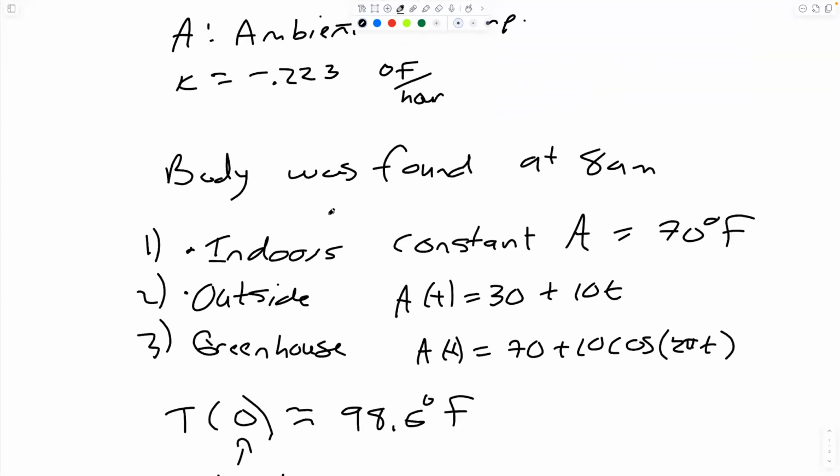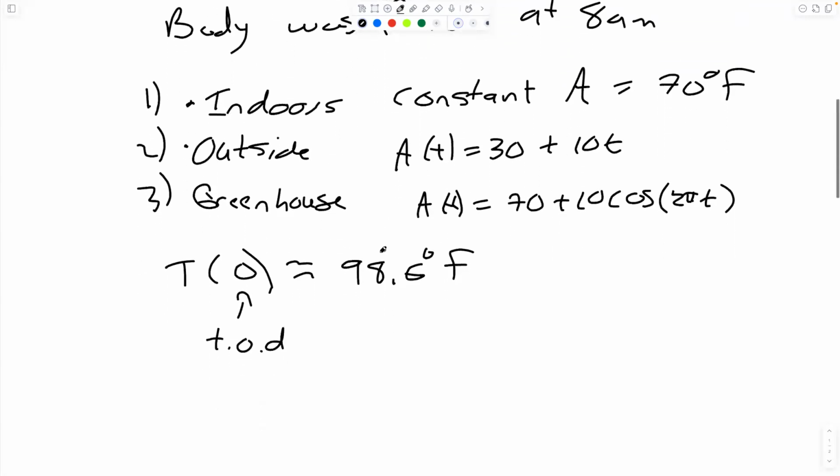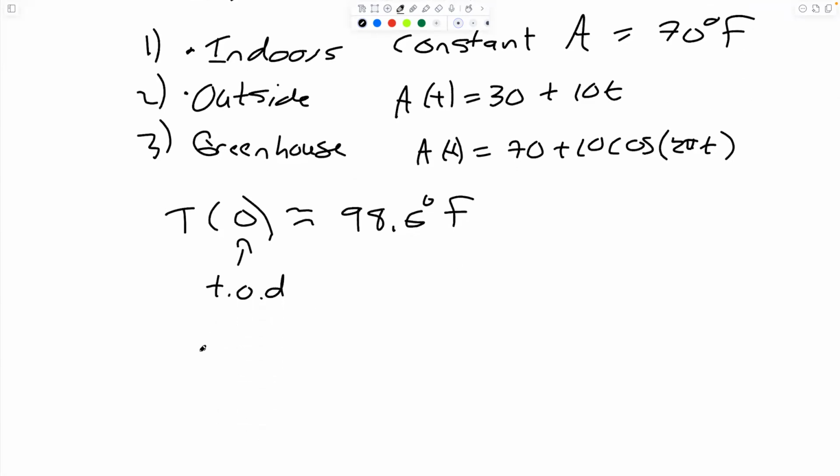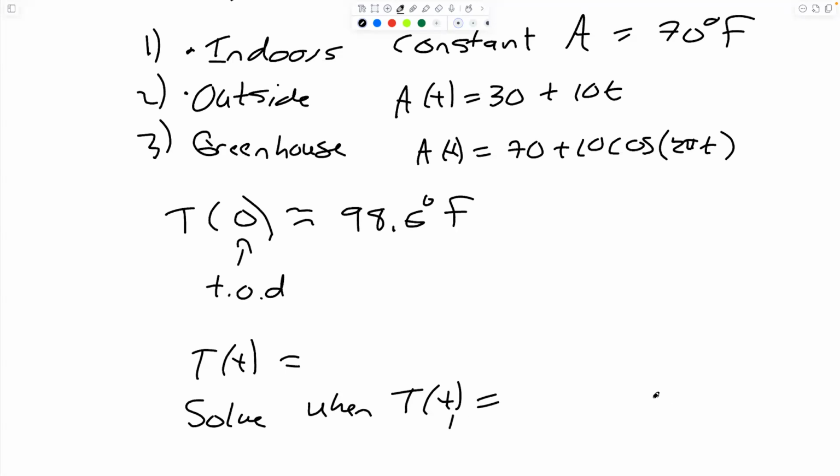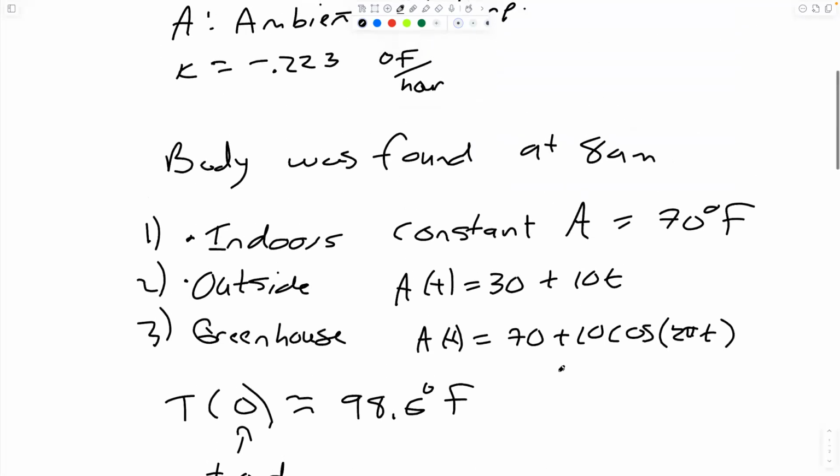So you're going to solve each of these individual cases, figure out, so you'll get T of t equals some function here. Solve in each case when T equals, let's call it T1, what temperature did we find the body at?